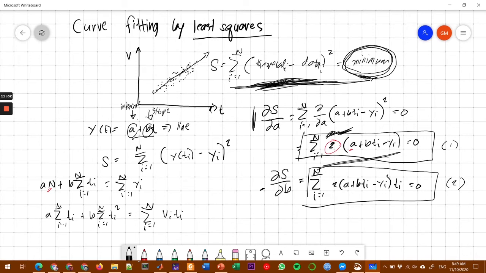Yes. So now we have two equations. So these are the equations needed for me to solve the equation of a line.